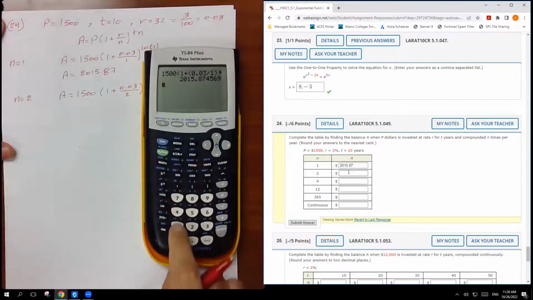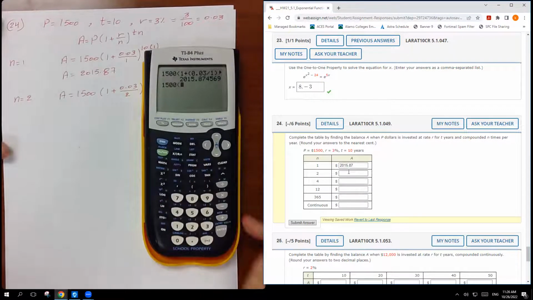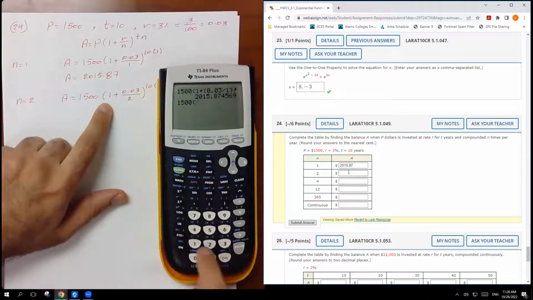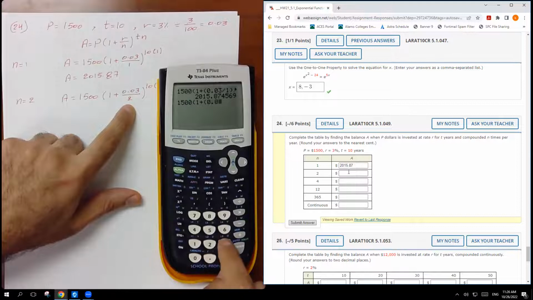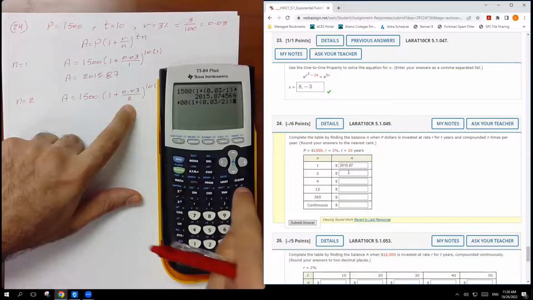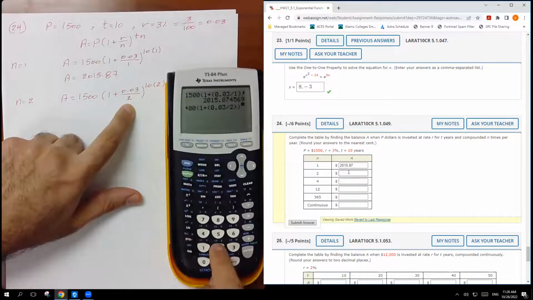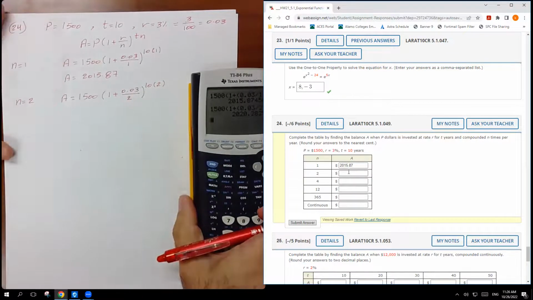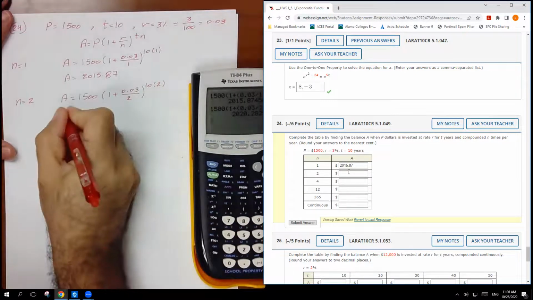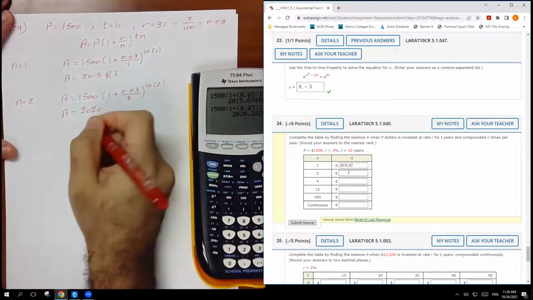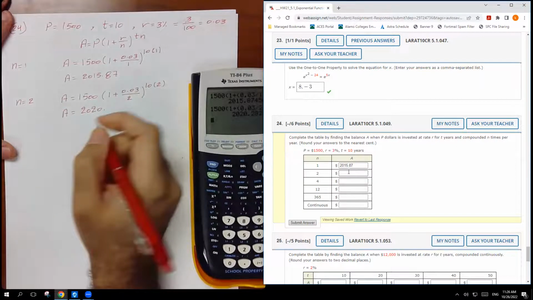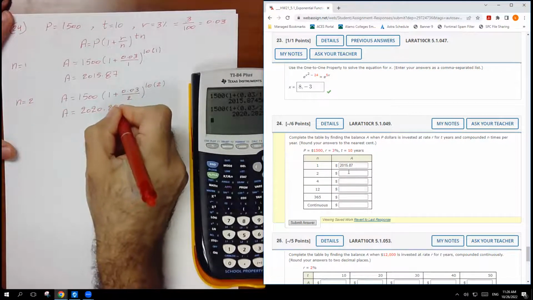So 1500, open parentheses, 1 plus, open another parentheses, 0.03 divided by 2, close this parentheses and close the second one. To the exponent, 10 times 2 is going to be 20. And the result is going to be 2020.28. So our balance is 2020.28, that means 28 cents.